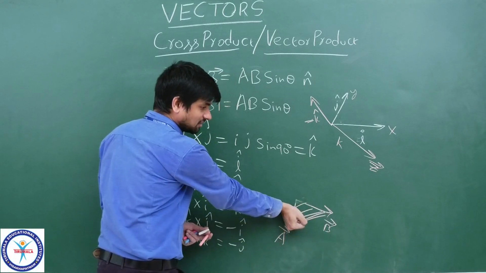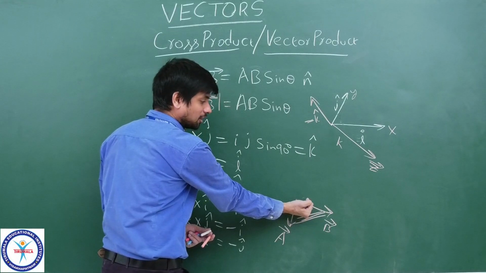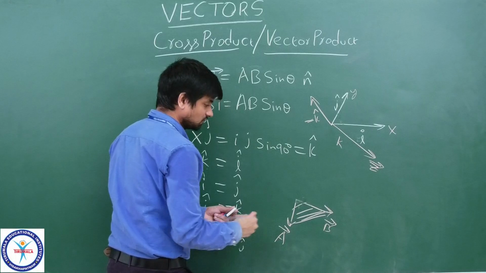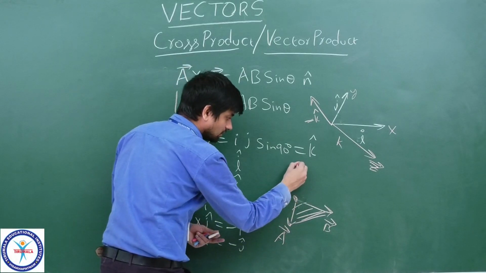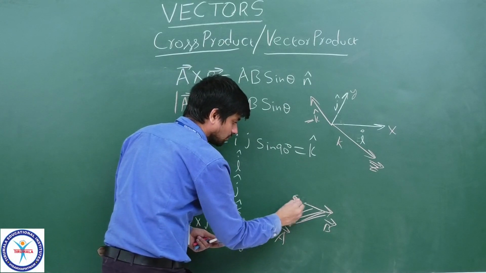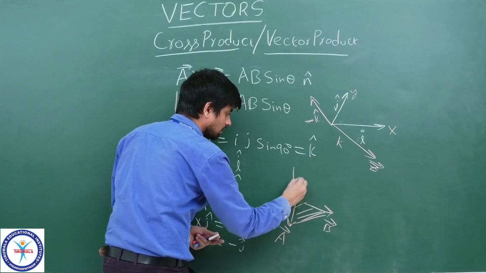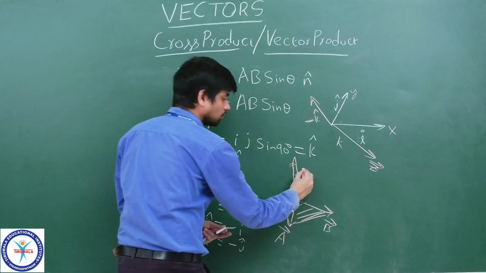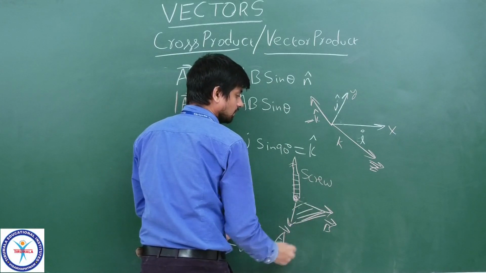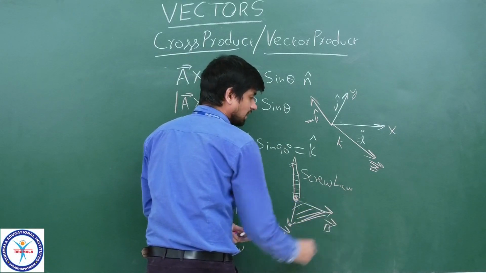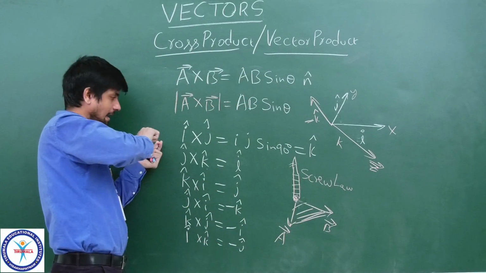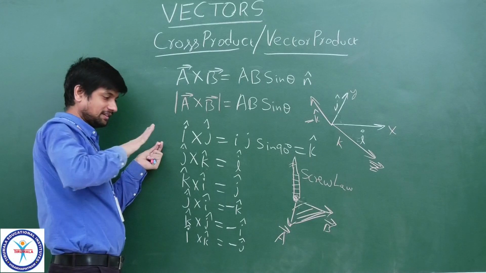Now it gives you a vector perpendicular to the plane containing vectors A and B, on this side. This is also called the screw law. That means take one screw, apply force, look at this.